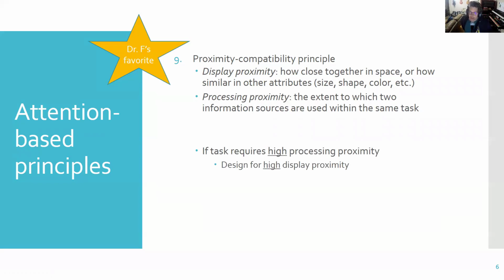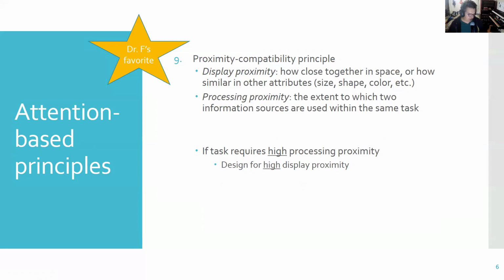Then you say, well, if these two displays are frequently used together, if they're related to common tasks, if they are commonly needed to be compared, well, if they're used together, they have high processing proximity, so make them have high display proximity. Or in other words, if I'm going to use these two together, make them look like they go together, so don't make the human have to process an additional step to associate them. Take advantage of the way that people, basically how their attention works, in terms of grouping things, for example.